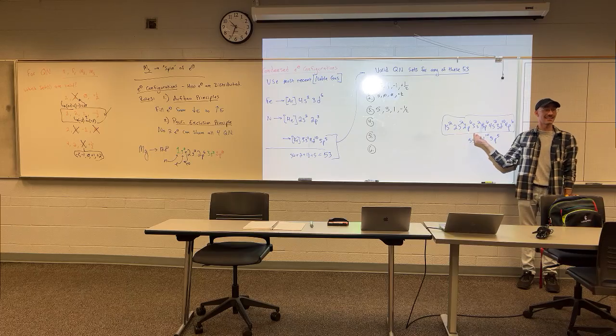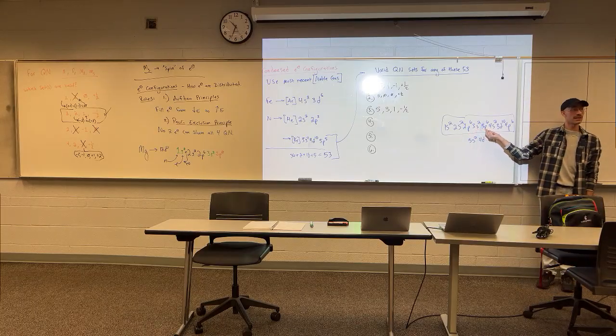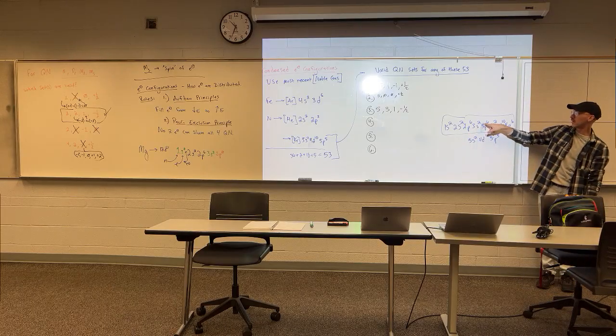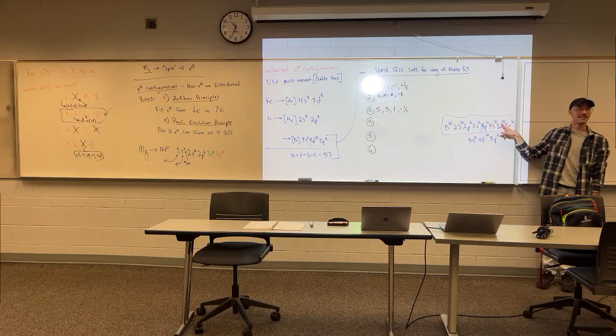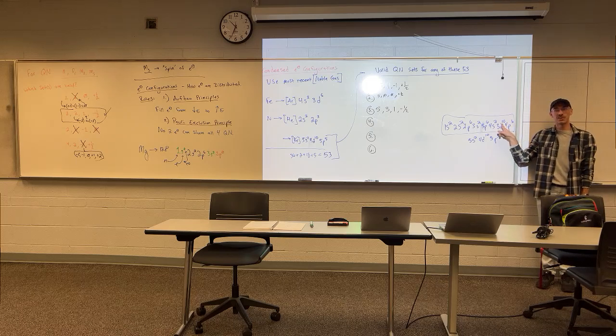But it has 8 electrons, 8 different quantum number sets that start with n equals 2. How many in 3? 2, 8, 18. There are 18 quantum number sets that start with n equals 3.